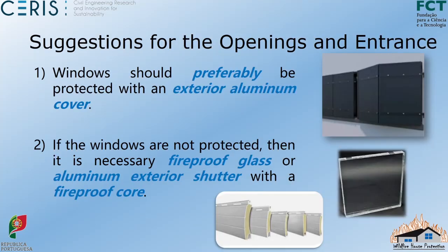Suggestions for the openings and entrance: windows should preferably be protected by an exterior aluminum cover. That's enough; we will see this in detail further. The windows, if they're not protected, should preferably have some type of fireproof glass or even an aluminium exterior shutter with a good fireproof core.